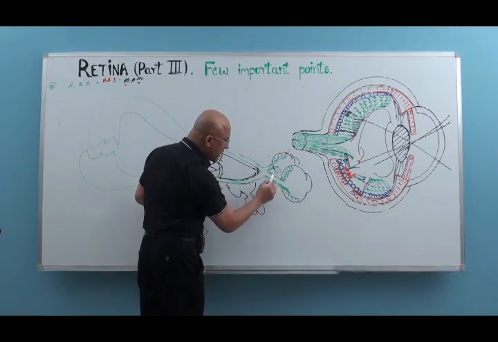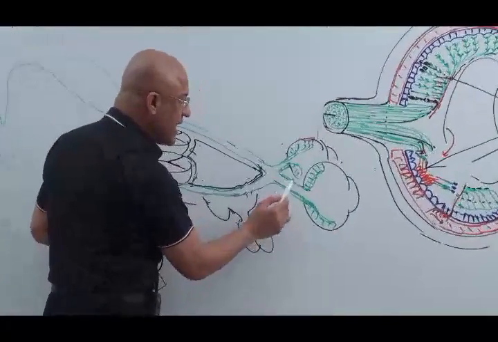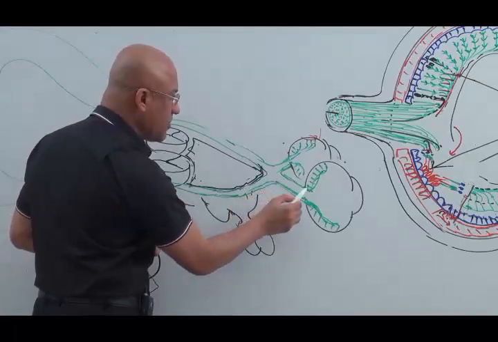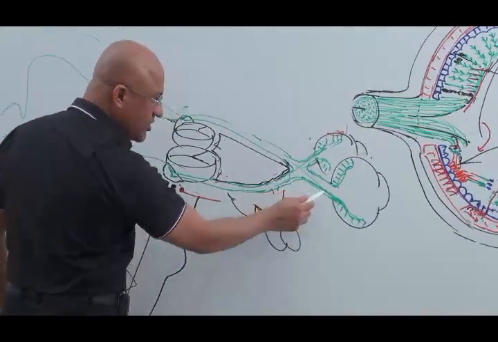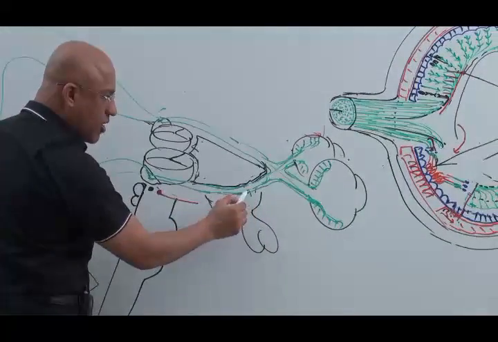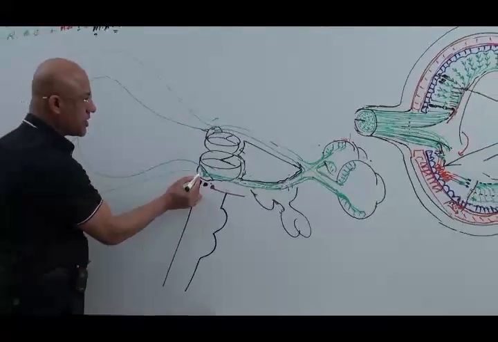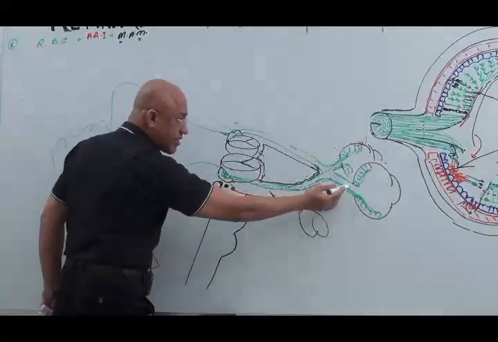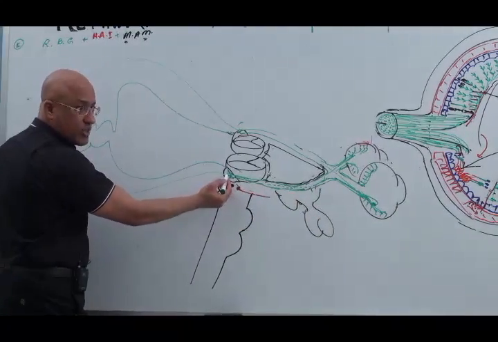This green pathway starts from here, from rod and cone, bipolar cell and ganglion cells, and this will go to the central nervous system. As you know, some fibers will cross over here, right? First optic nerve, then optic chiasma, then optic tract. They finish at the lateral geniculate body. Is that right?